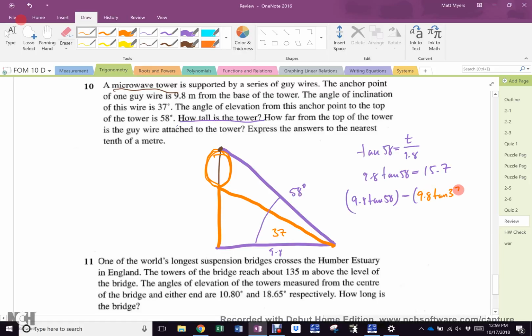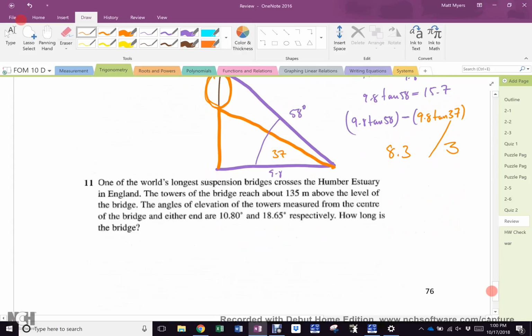I'm glad some people are finally seeing those patterns. If this one is 9.8 times tan 58, and I did it once, obviously this one has to be 9.8 tan 37. You don't need to write it all out again. And you get an answer of 8.3. That should really be out of 3 because you had to draw your own triangle. So give yourself a mark out of 3.